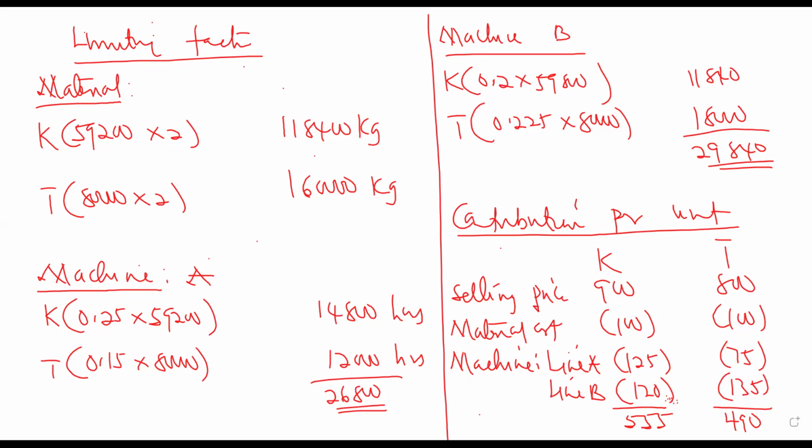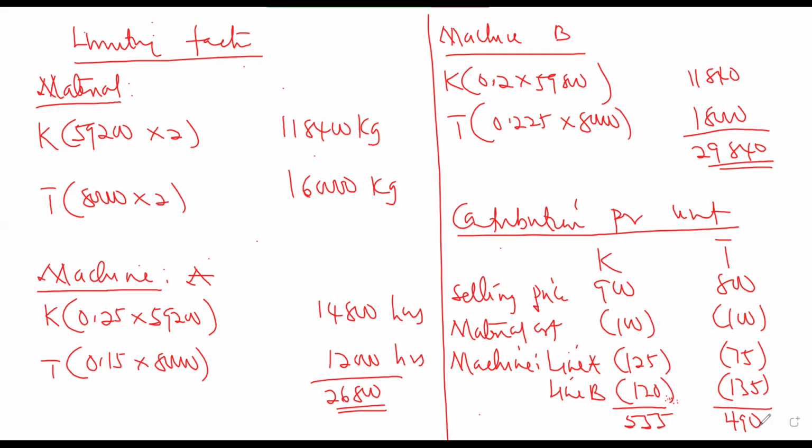Okay, so let's come here. We are saying that the major limiting factor here will be the material, because we have to purchase the material before it passes through the machine process.